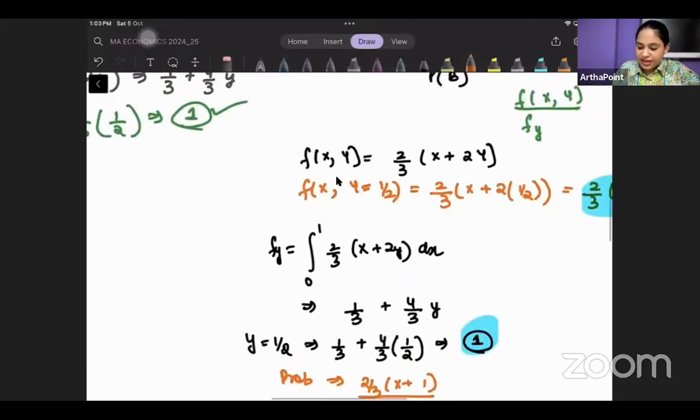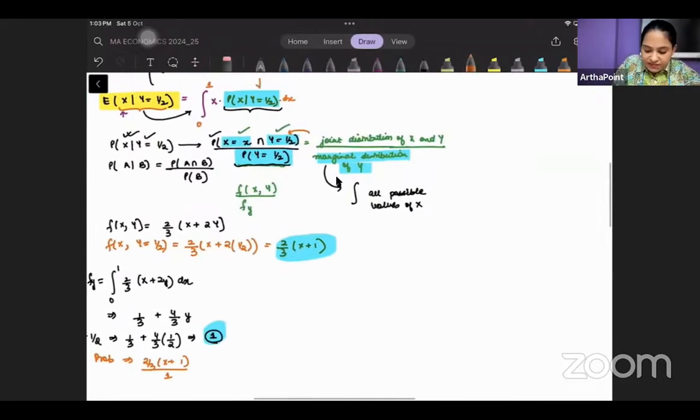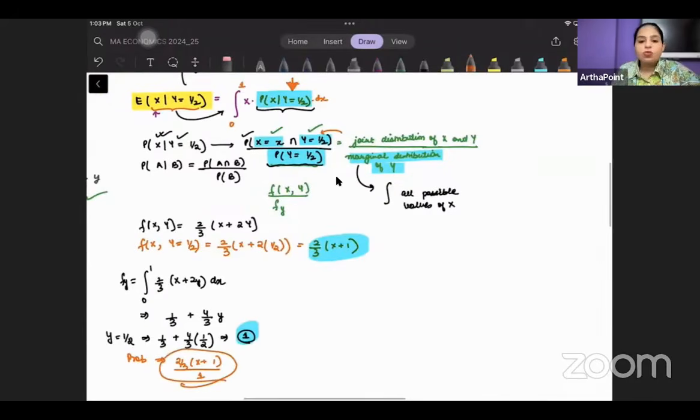That means we have found this value: 2/3 x plus 1. Now put it back here. So you will get the integration from 0 to 1 of x into 2/3 x plus 1 dx.